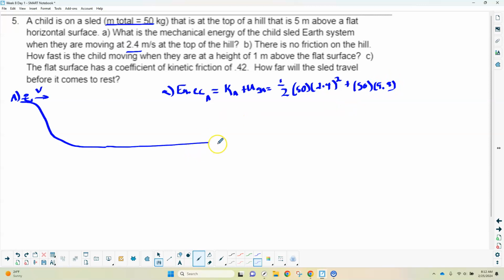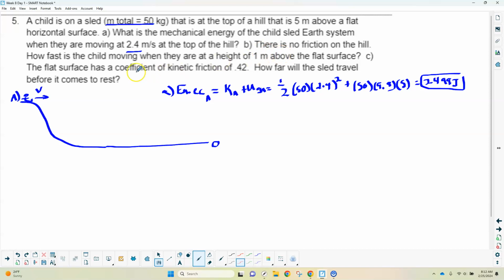I'm going to call height 0 the flat part of the picture, so this would be 5 for that height. If you multiply those together, you should get 2,499 joules. Okay, so that's the answer to part A. That's how much mechanical energy this situation starts out with.